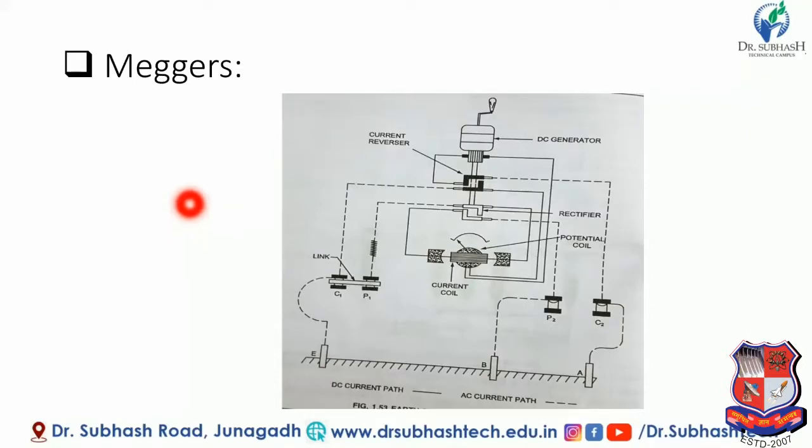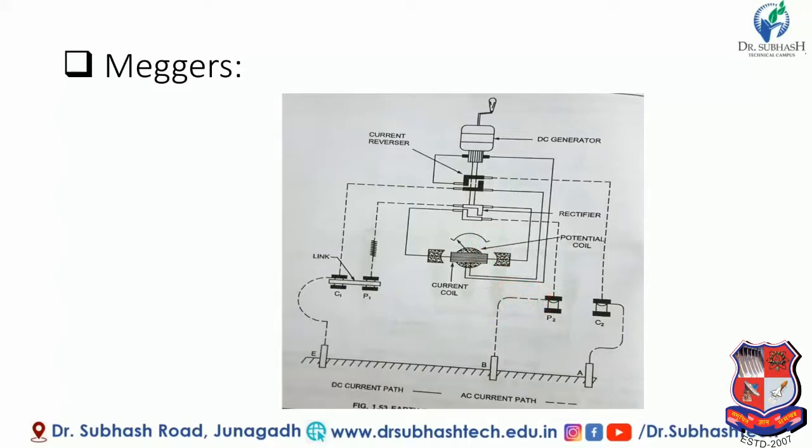Okay, now here the construction of the Megger is there. There is one DC generator which is used to operate the Megger, and DC generator is connected to the rectifier circuit, and rectifier circuit gives the variation to the potential coil and current coil. In this way, there is one link which is connected to C1 and P1, and other link is connected to C2 and P2.